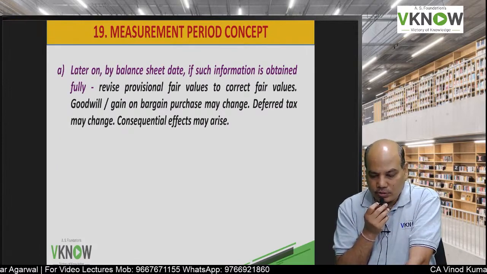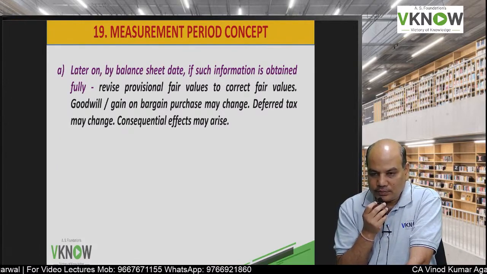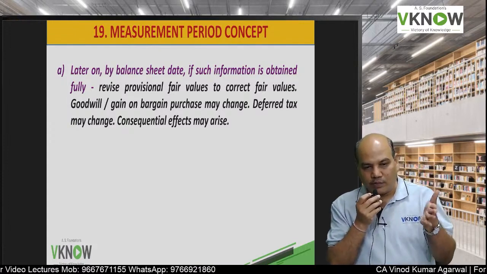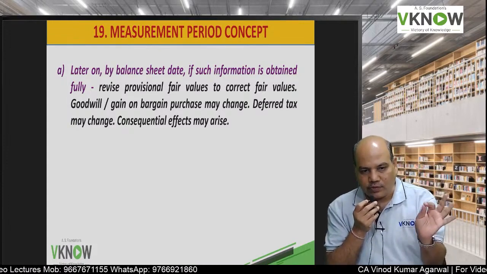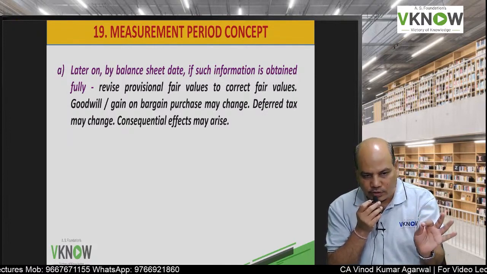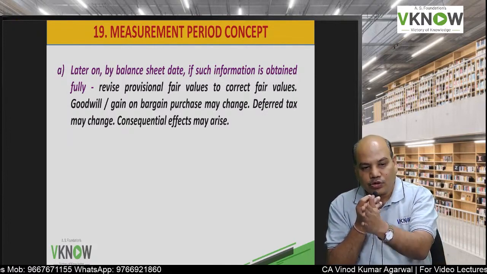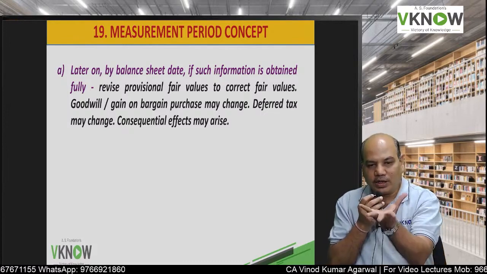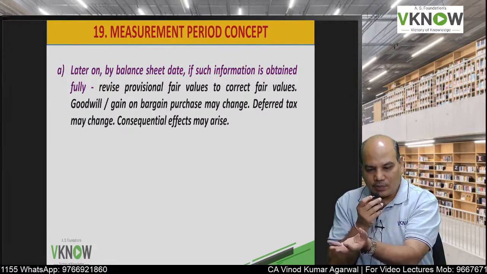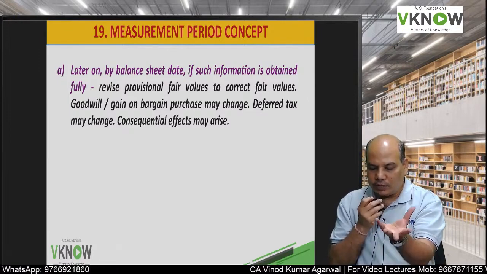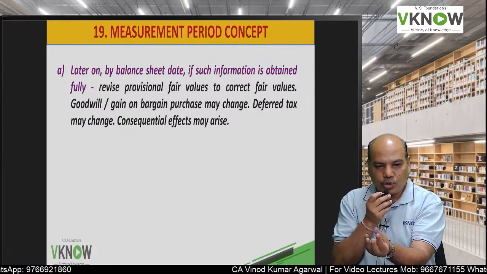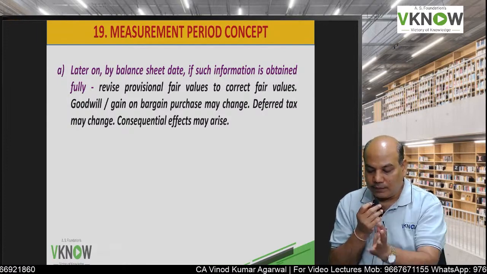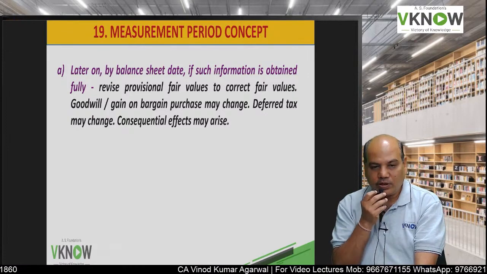After that, suppose by the balance sheet date, the information is obtained fully. So we have discussed the date, 1st January 24 date of acquisition, 31st March 24 information is fully available. So now you can update the figure of asset liability. When you will update the figure of asset and liability, possibly goodwill or capital reserve may change, and also deferred tax adjustment may take place.